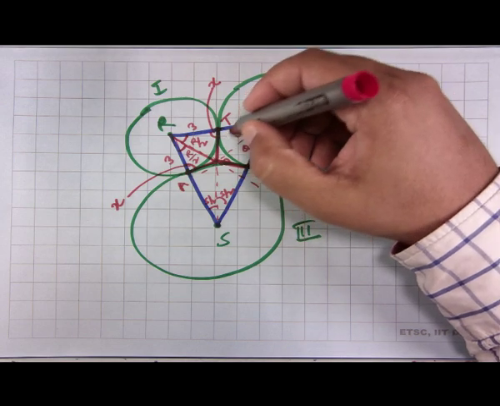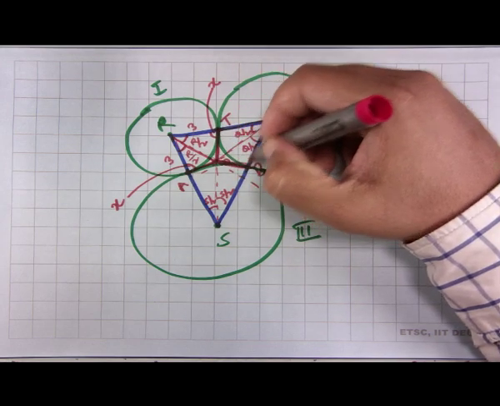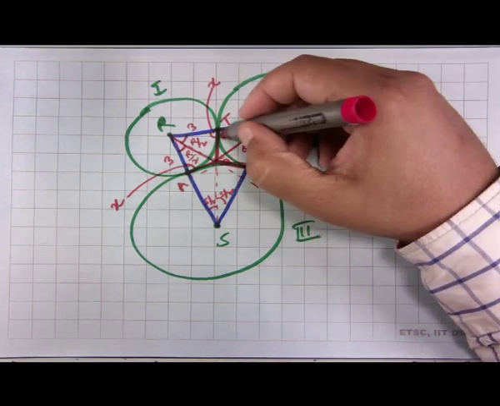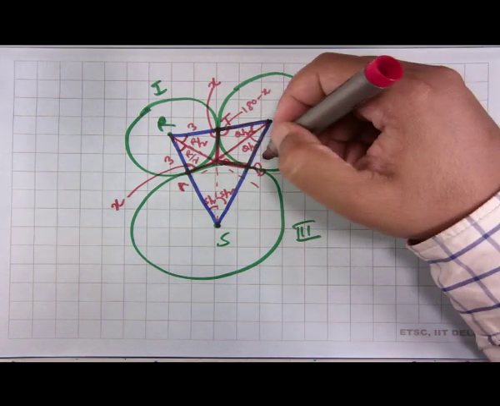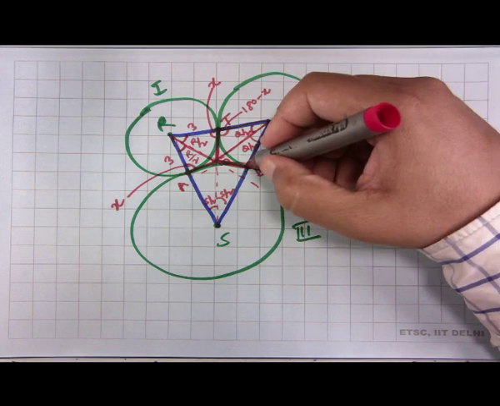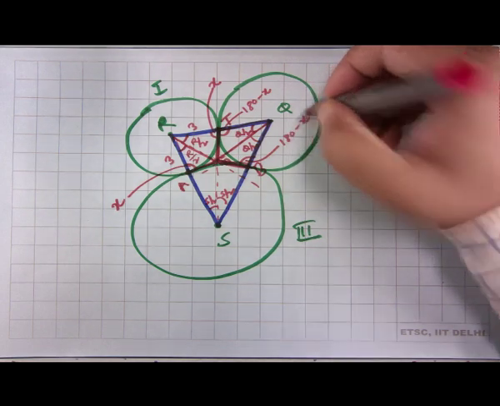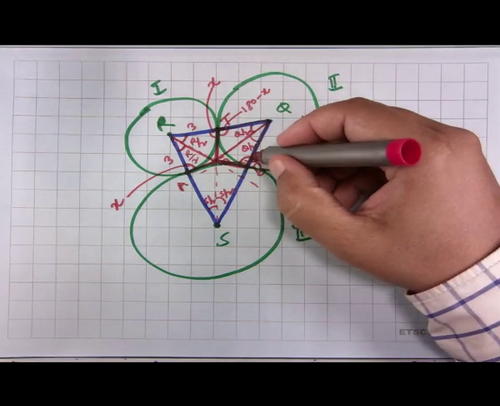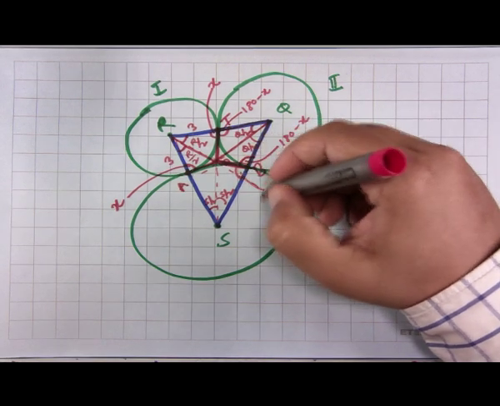Further, from the congruency of this triangle and this triangle, it follows that this angle, which is 180 minus x, is also equal to this angle, which is 180 minus x. But since this is 180 minus x, it follows that this angle has to be x.